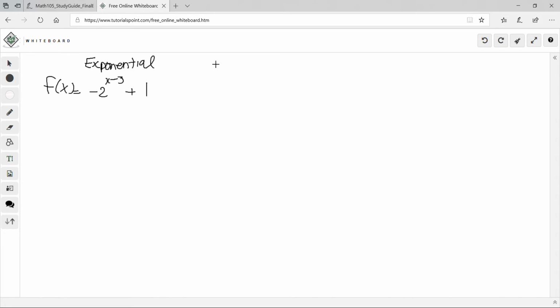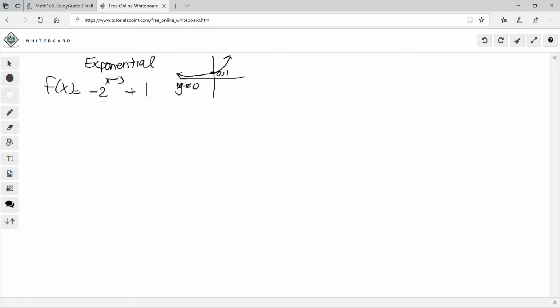An exponential graph has a y-intercept of (0, 1), and if it's increasing, it'll look like this, and then it has a horizontal asymptote of y equals 0. So it gets pretty close to 0 but never touches.